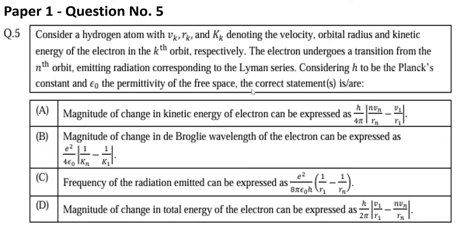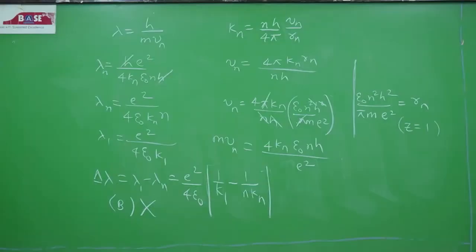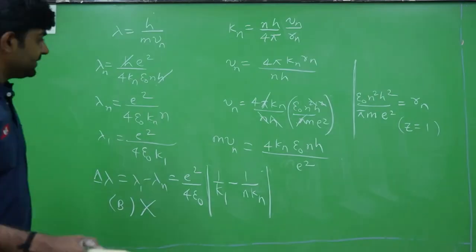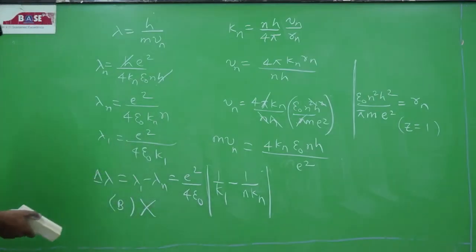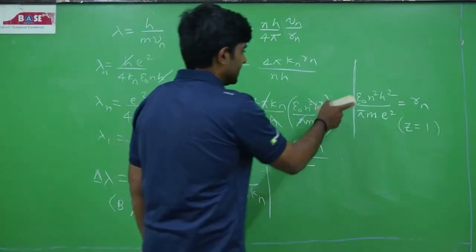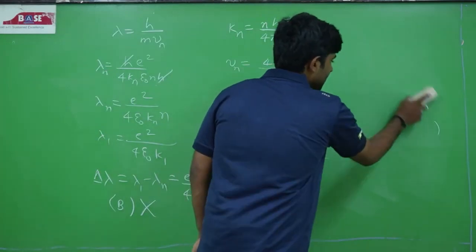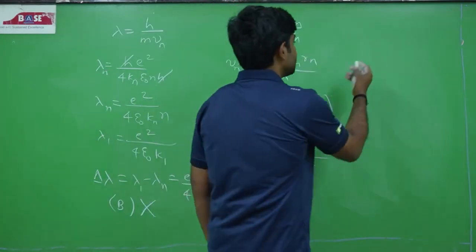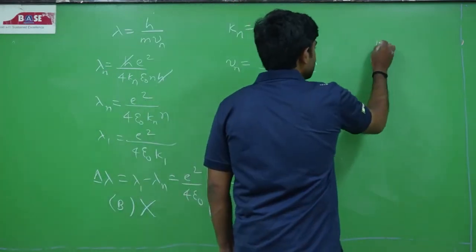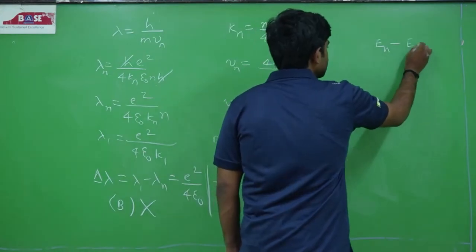Now going further, we'll have to check option C. So for option C, I'll erase this part a bit and make some space and we'll solve it. We know that it is transferred from the higher energy nth state to the lower energy first state.